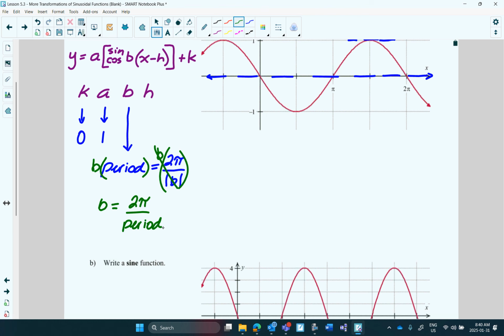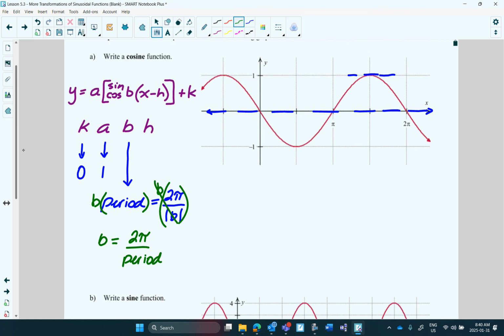And because we have the graph, we can find the period. Would you all agree that a cosine graph, remember it starts high and finishes high, goes from here to here, right?